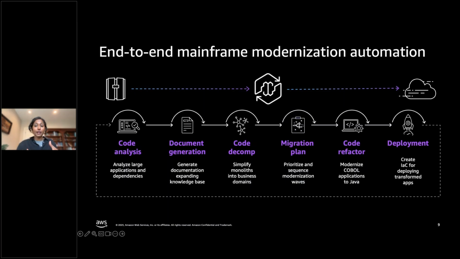Decomposition lets you break down your monolith into specific domains to help you with your migration planning and sequencing across the project. All along the way, you can provide input based on your organizational needs in order to modify what you're doing with each step and to change your plan if you need to. And you can pick and choose the steps that are most relevant to your project.